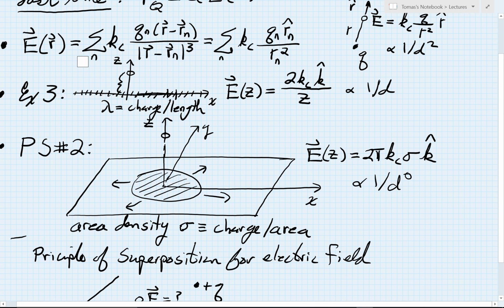Here I'm looking at it, for the calculation of the electric field. Notice that the electric field is just a sum, right, over all of the charges in the system. And we can arrange this sum by the associative property of addition. We can rearrange the order of the terms that we sum up, right?